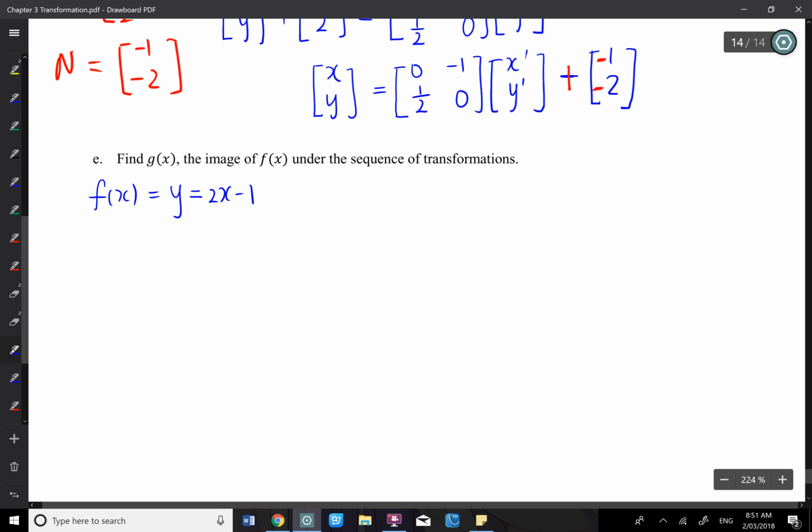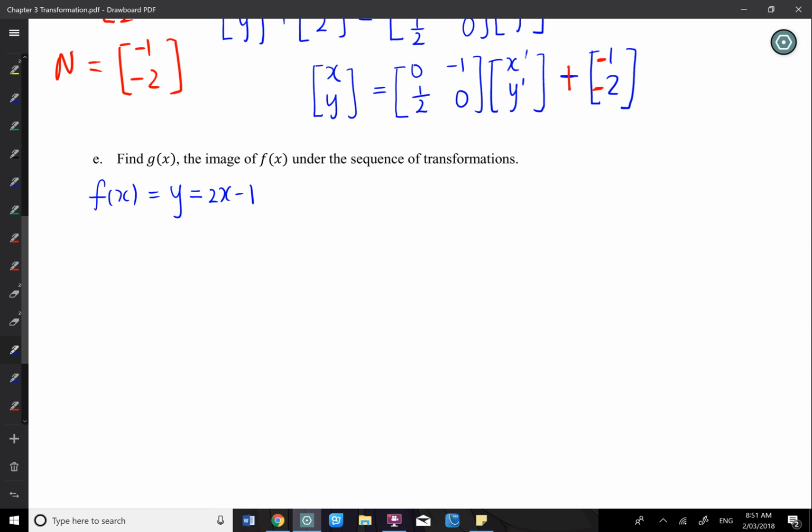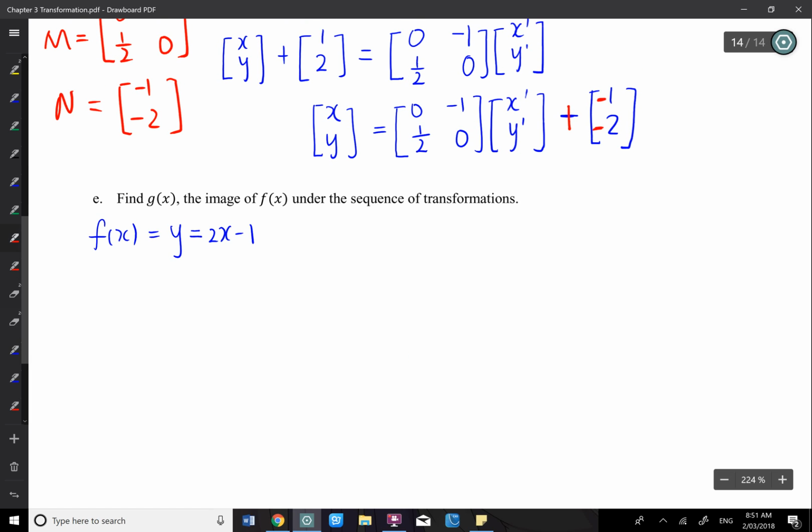Okay, don't forget my purpose. My purpose is to make xy the subject and then sub into the equation, right? Can you see my xy is already the subject from the previous step? So what I need to do now is just expand.